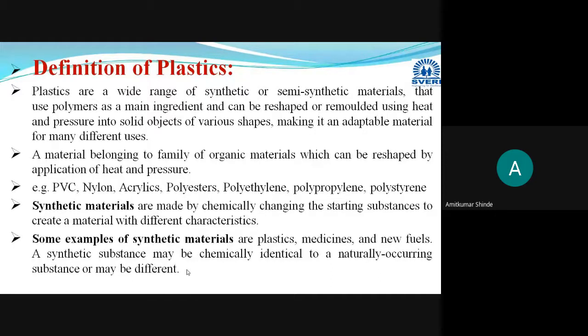In short, these are man-made organic materials, artificially made organic materials, that will be termed as synthetic materials. These are not naturally in existence. These are artificially manufactured. That's why the term synthetic material is used.